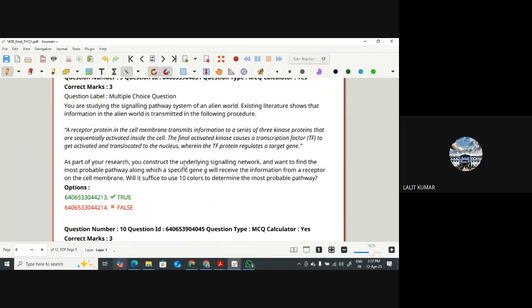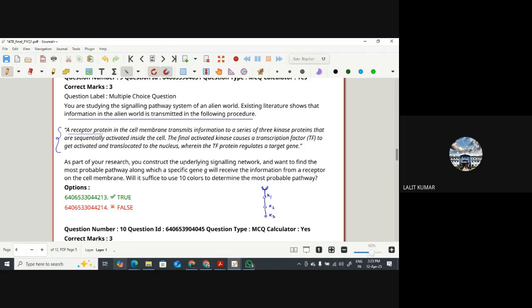Now we come to the next question. You are studying the signaling pathway system of an alien world. Existing literature shows that information in the alien world is transmitted in the following procedure. So you have to convert this language into a diagram. So there is a receptor protein in the cell membrane, which transmits information to a series of 3 kinases, K1, K2, K3, that are sequentially activated inside the cell.